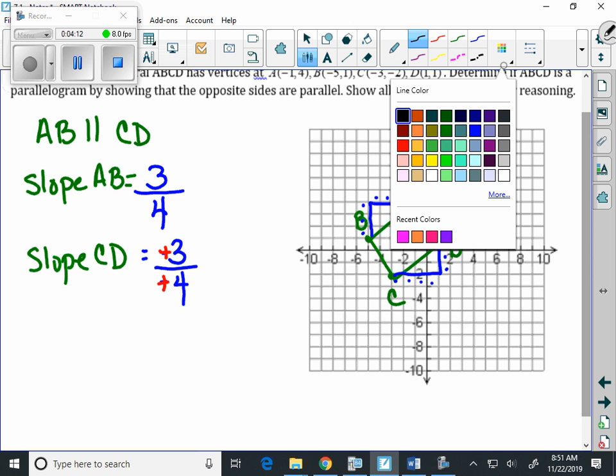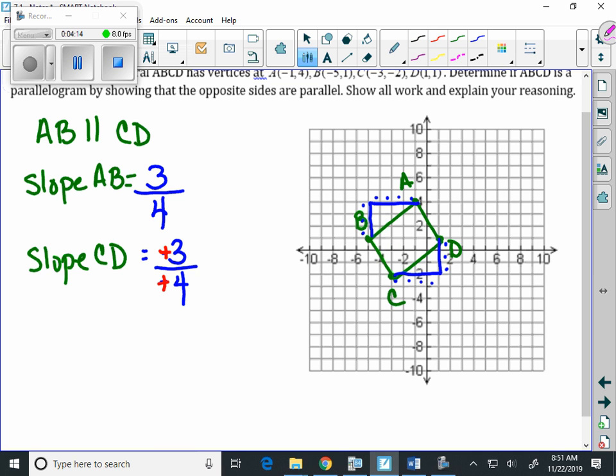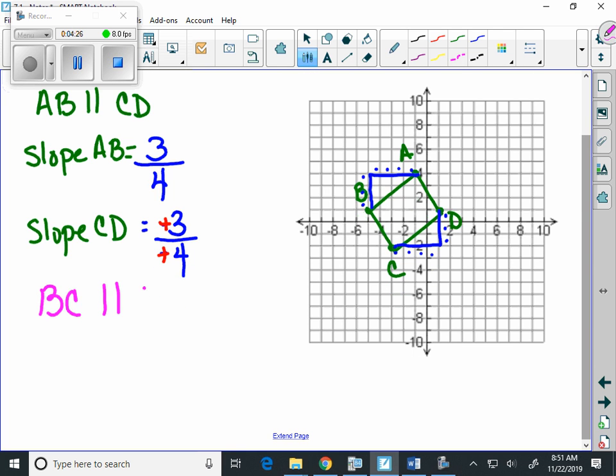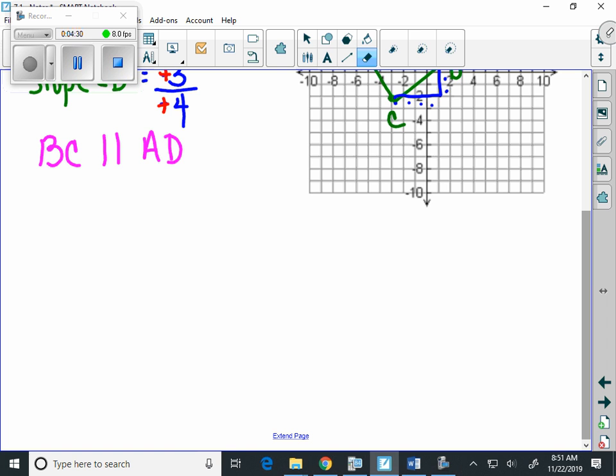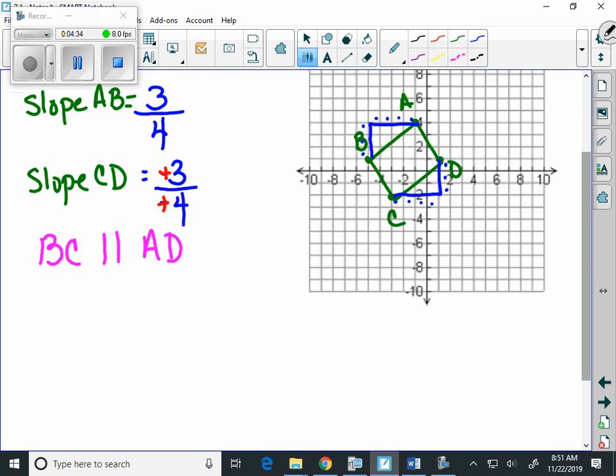So we'll look over here now at the other two, and we're going to figure out if BC is parallel to AD. And we're going to draw our triangles again. Slope, rise over run.